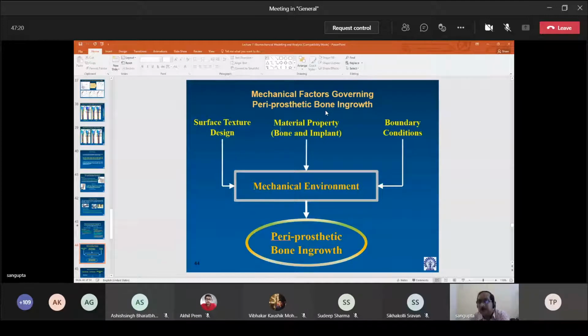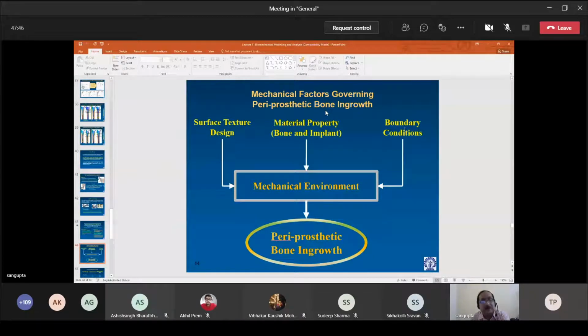The local property of bone, of course, implant material property doesn't change from one point to the other, but the bone material property changes from one point to other. It's heterogeneous. But the combination will give you a different mechanical environment from one point to the other.